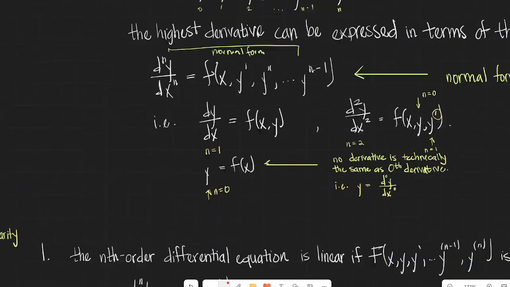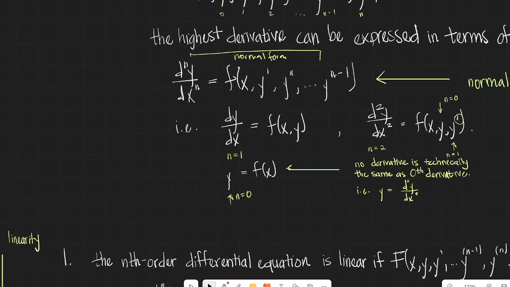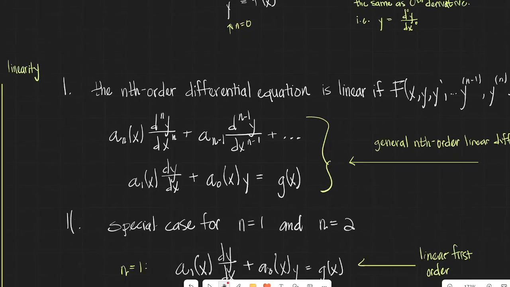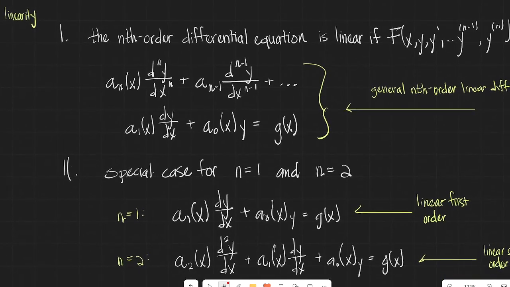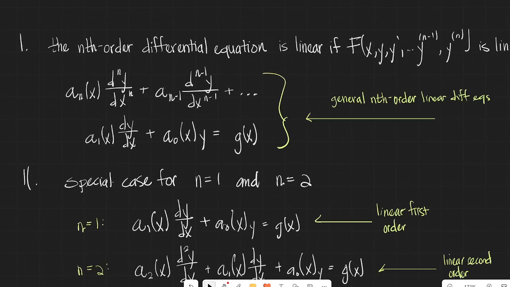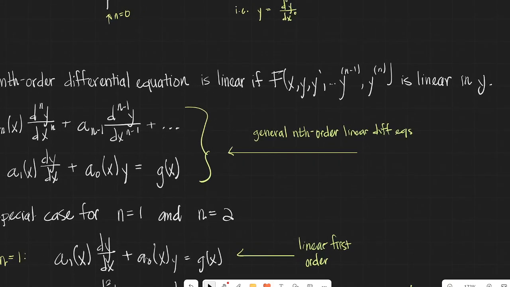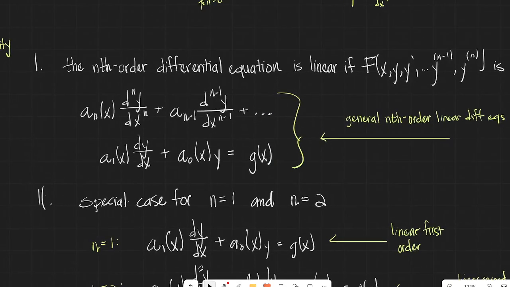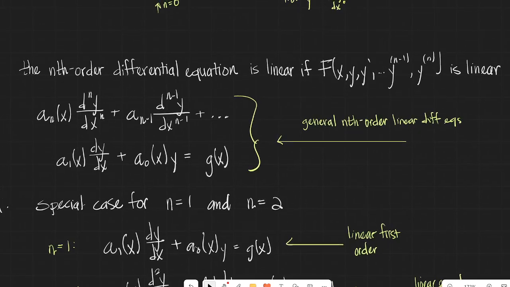All right, so the third type of classification that we use in our analysis of differential equations is determining the linearity. Is it linear or is it nonlinear? In order to understand this, we have to understand what the form is of a general nth order linear differential equation. So we basically have to have y. The differential equation has to be linear in y.